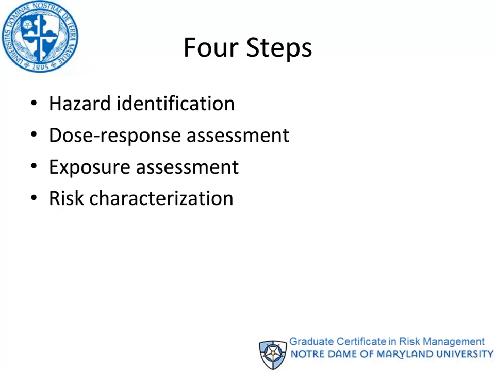Risk assessment was defined as a process comprising these four steps. First, hazard identification. Second, dose response assessment. Third, exposure assessment. And fourth, risk characterization. In the following slides, we'll take a look at how the Red Book defines each of these steps.